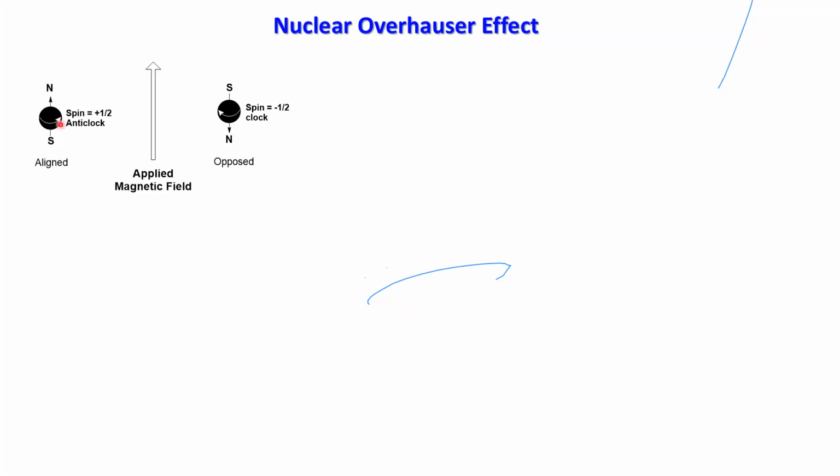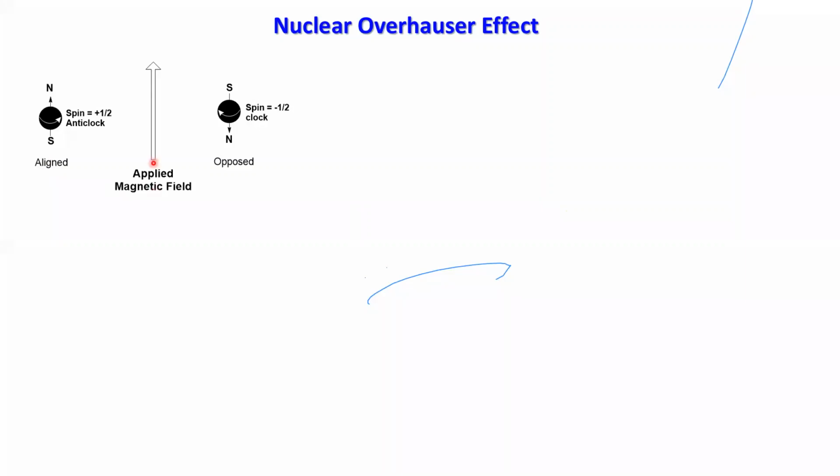Now if you look here, you have anti-clockwise rotation, so spinning, you have plus half, so you have the north pole at the top side and the bottom will be the south pole, and your magnetic dipole moment will be towards this direction. The magnetic dipole will be aligned with respect to the applied field.